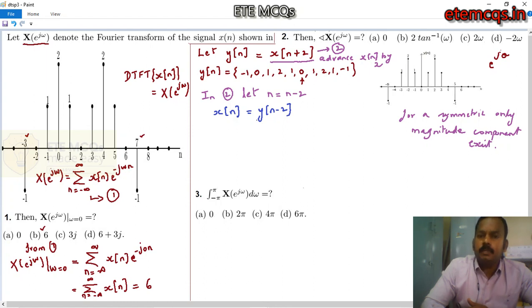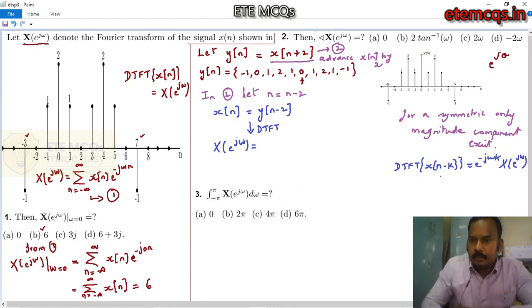Now what you do is you just take DTFT on this. Once you take the discrete time Fourier transform on this equation, x of n becomes X of e power j omega, which is equal to the discrete time Fourier transform of x of n minus k.